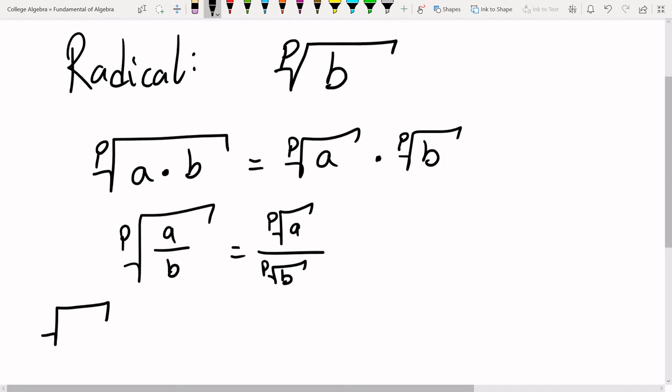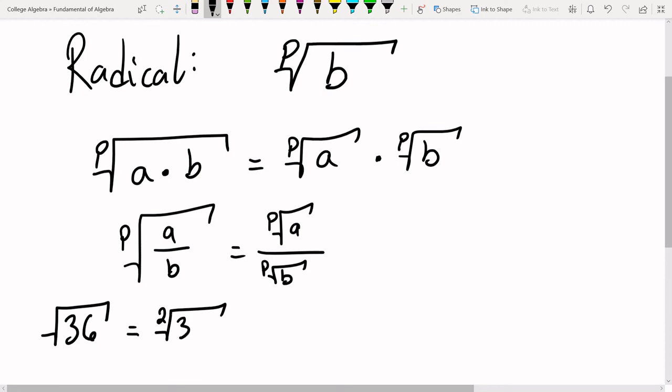let's look at the square root of 36. Now, the square root of 36, first off, you do not see a power on the radical. That's because the square root is used so commonly in mathematics that we've decided to drop the 2 because it just creates less writing.